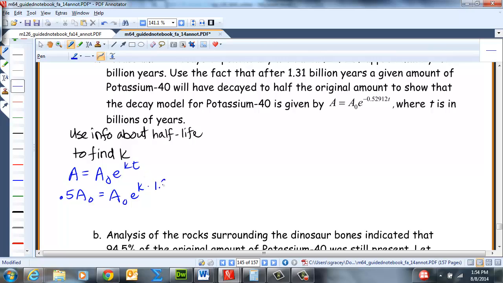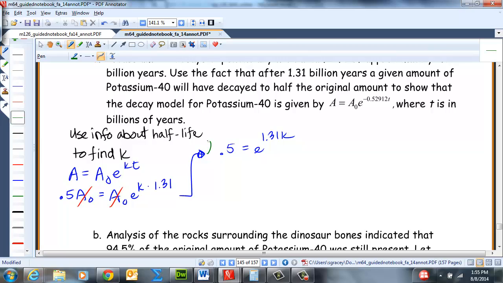That happens after 1.31 billion years. So the half of the original is half of A0. Again, do you see the A0s are going to divide out, and we're going to end up with 0.5 is equal to e to the 1.31k.